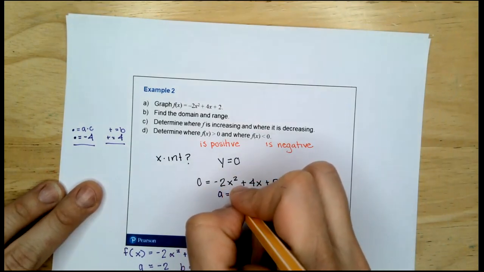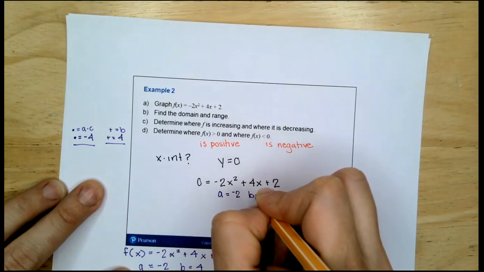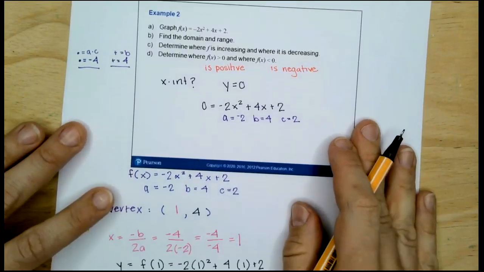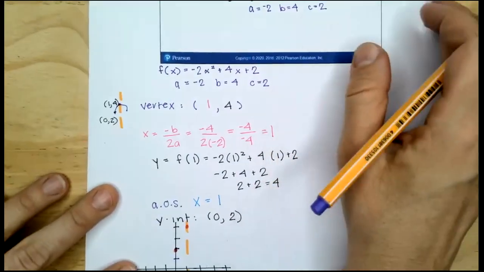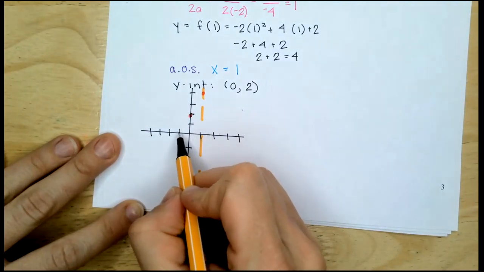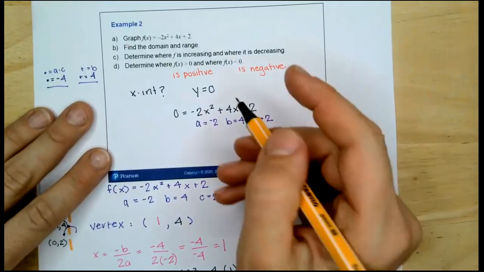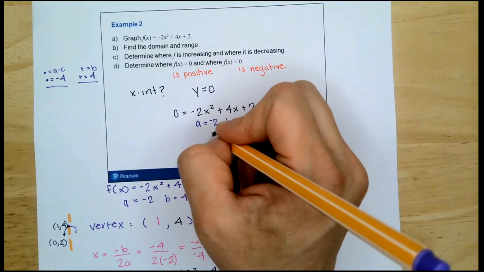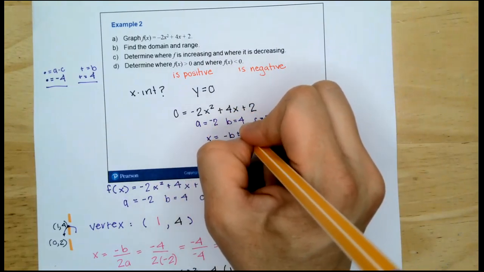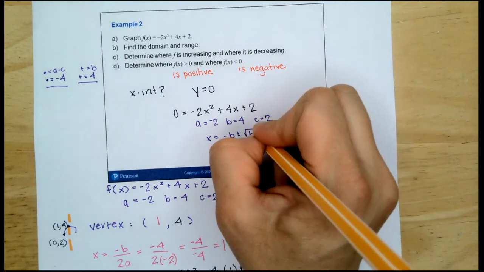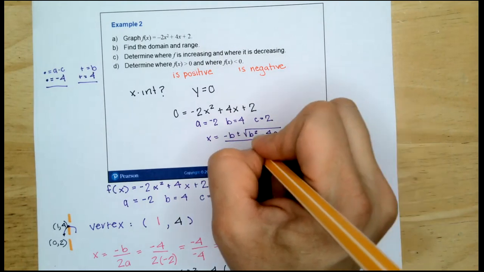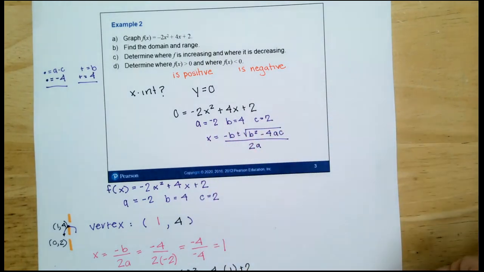We already know that a is negative 2, b is 4, and c is 2, right? We found our y-intercept. Let's find our x-intercepts before we graph it, okay? Remember, the quadratic formula is x equals negative b plus or minus the square root of b squared minus 4 times a times c all over 2 times a.